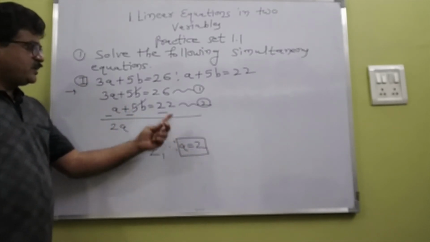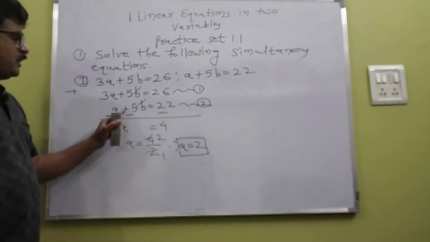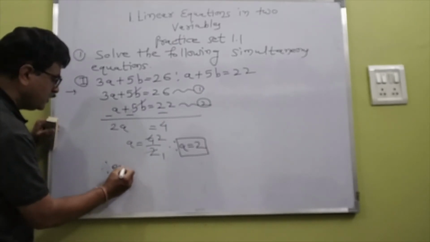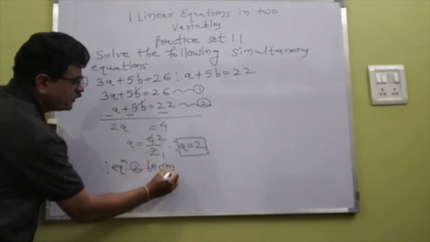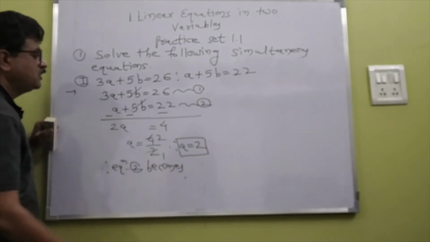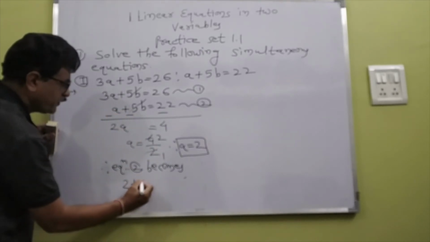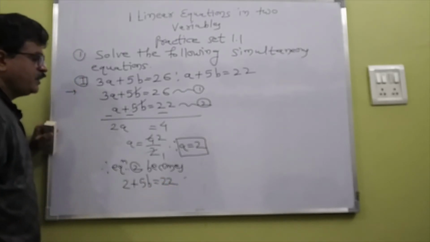Put this value in equation 1 or 2. If we put this value in equation 2, write down here equation 2 becomes: put the value of a as 2. 2 plus 5b is equal to 22.